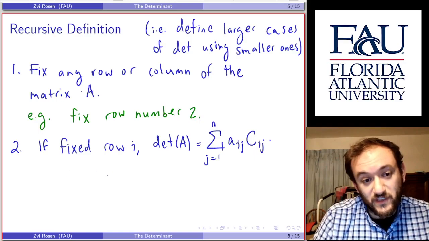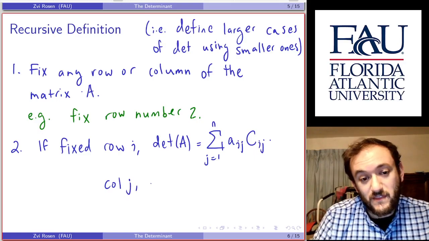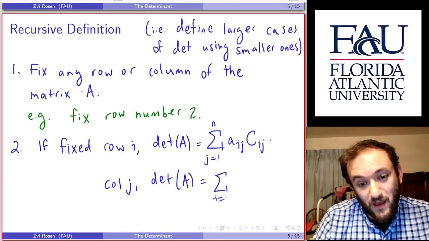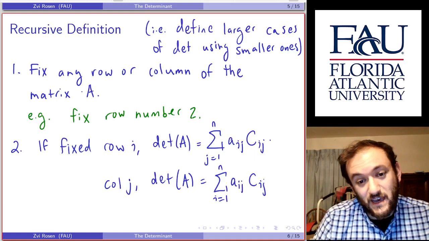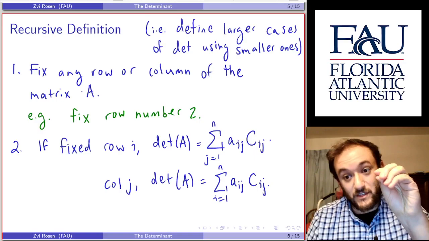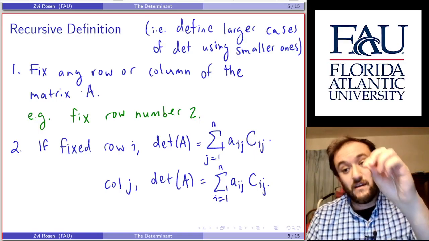Alternatively, if you fixed column j, then the determinant will be the sum from i equals 1 to n of Aij Cij. So here you just move along the column, again, multiply an entry by its corresponding cofactor, and add those all together.